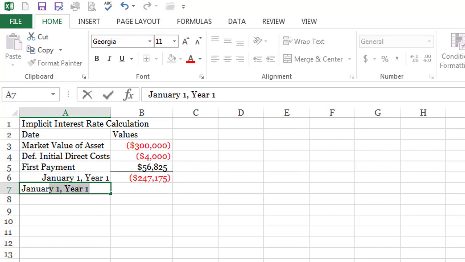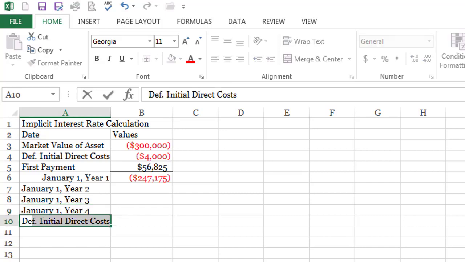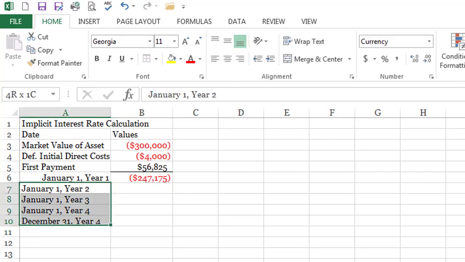Then we're going to have these other payments. We'll have a payment on January 1 of year 2, January 1 of year 3, January 1 of year 4, and December 31st of year 4. And we'll indent those.